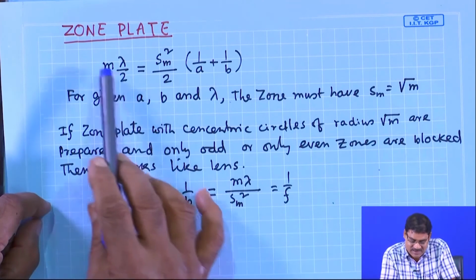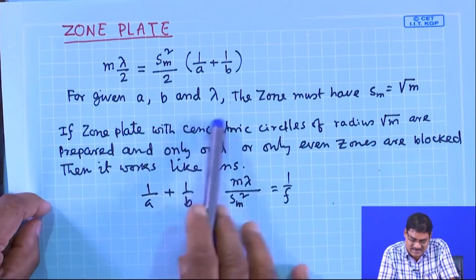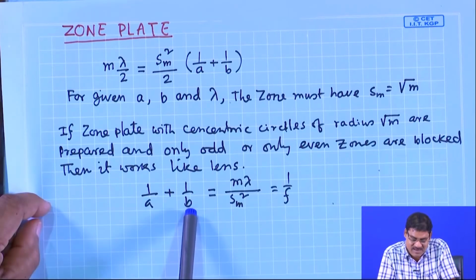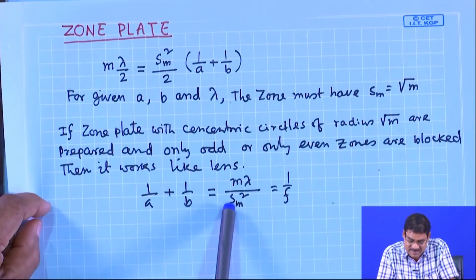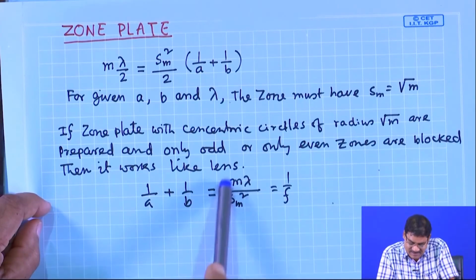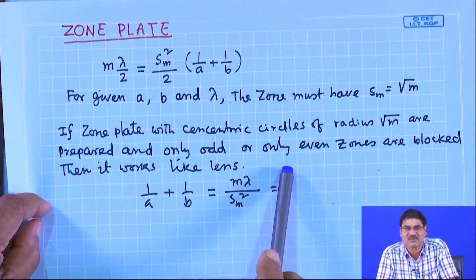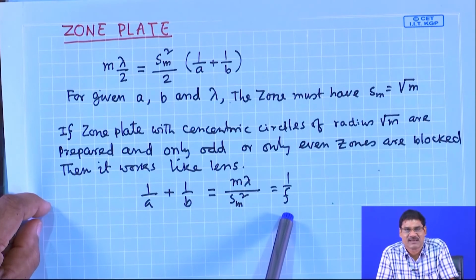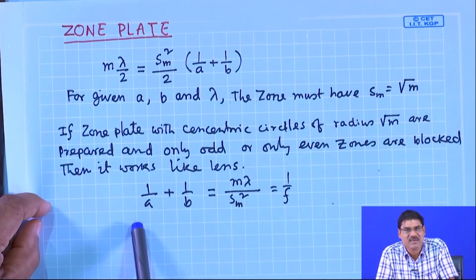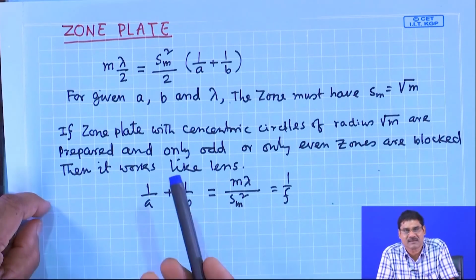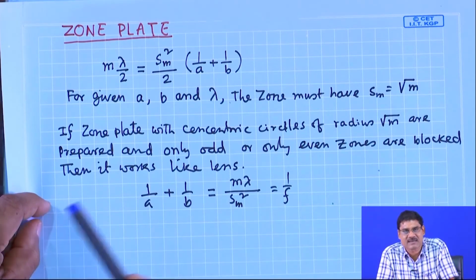That is why this relation, 1 by A plus 1 by B equal to m lambda by Sm square, is as if it is 1 by F. Like 1 by V minus or plus 1 by U equal to 1 by F, where V and U are the object distance and image distance.